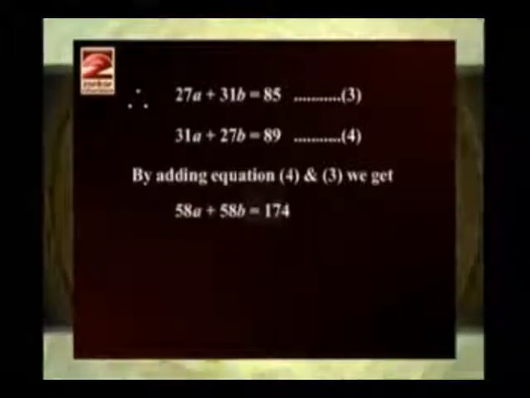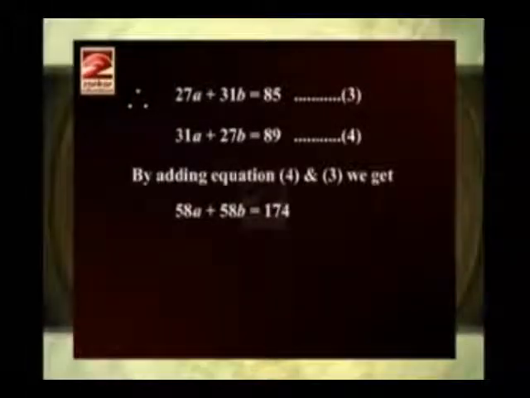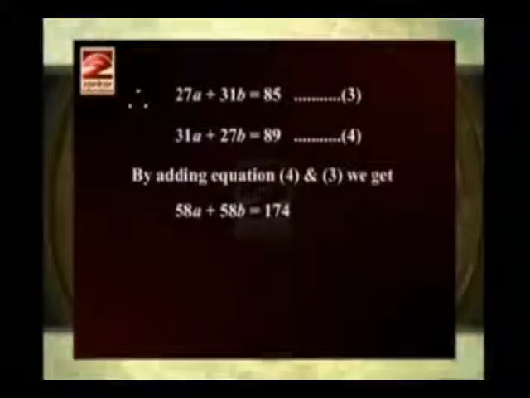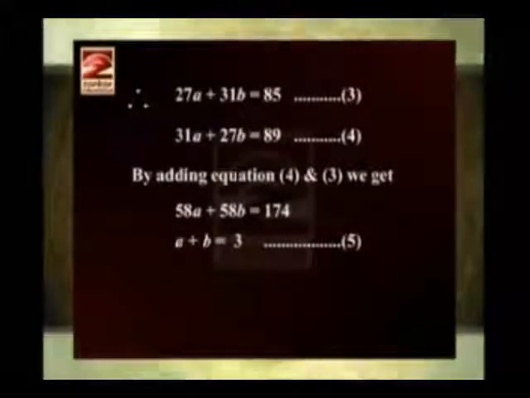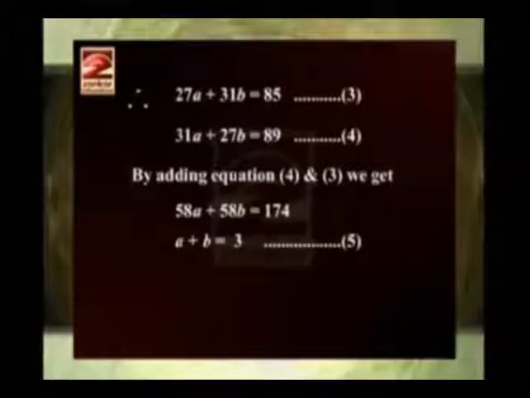Therefore, 27a plus 31b is equal to 85, equation 3, and 31a plus 27b is equal to 89, equation 4. By adding equation 4 and 3, we get 58a plus 58b is equal to 174. That means a plus b is equal to 3, equation 5.